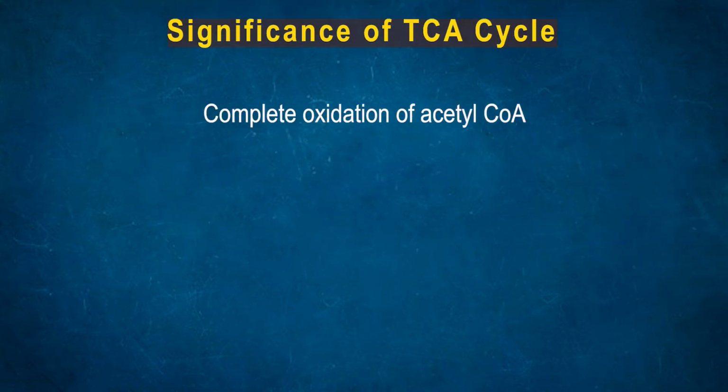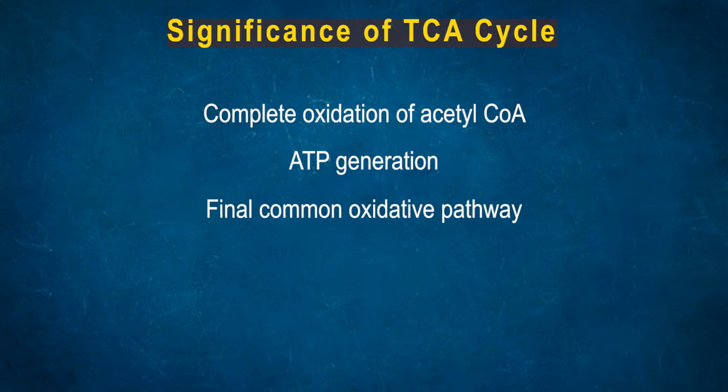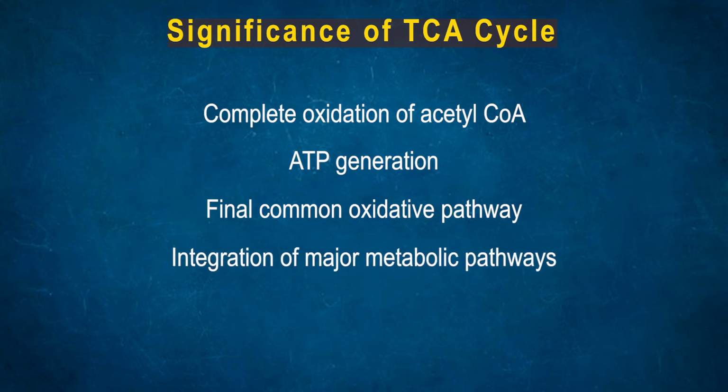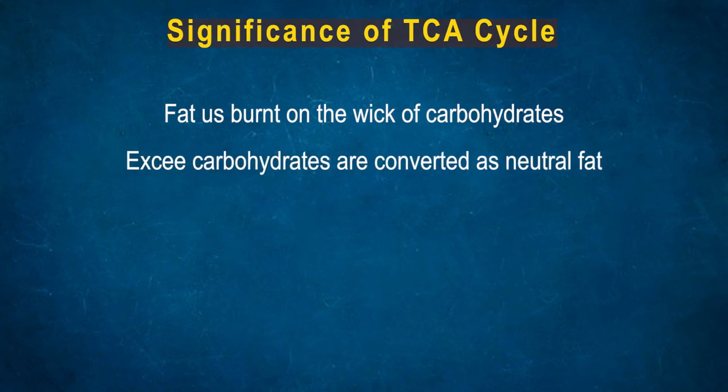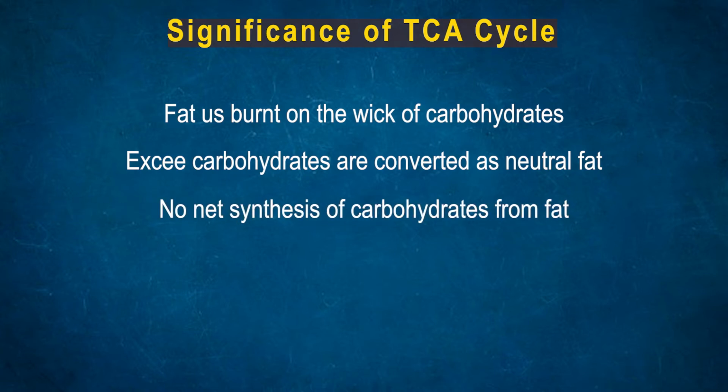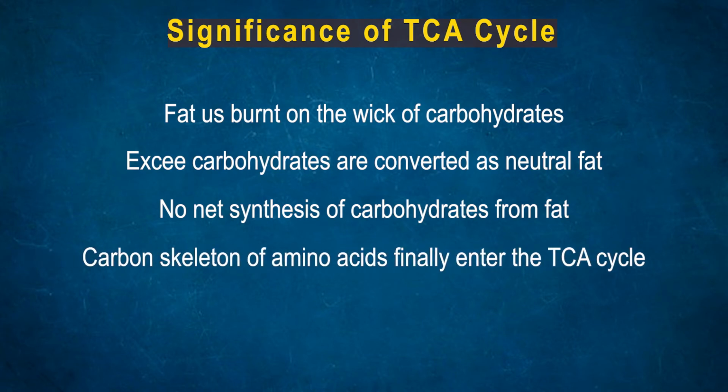Significance of TCA cycle: complete oxidation of acetyl-CoA, ATP generation via electron transport chain, final common oxidative pathway, integration of major metabolic pathways, fat is burned on the wick of carbohydrates, excess carbohydrates are converted to neutral fat, no net synthesis of carbohydrates from fat, carbon skeleton of amino acids finally enter the TCA cycle.